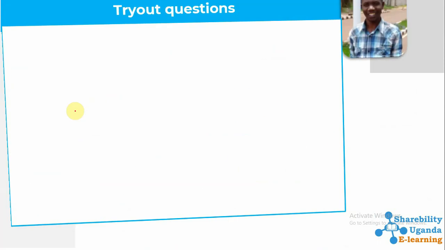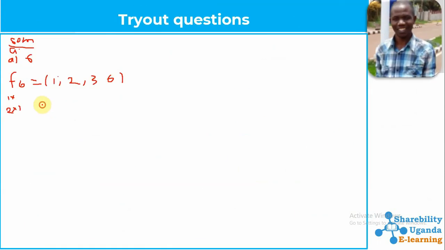Another number was getting the factors of 8. This was part B. They want us to find the factors of 8. We are going to use the same method. What is 1 times 8? We get 8. Which number can be multiplied by 2 to get 8?